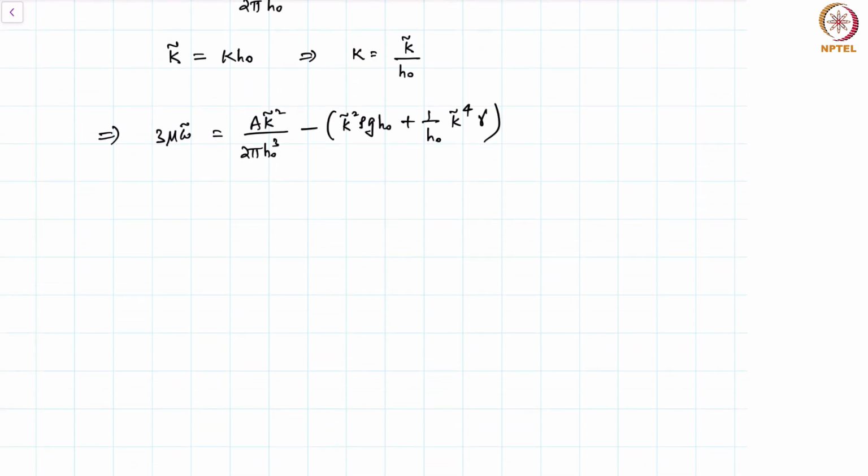And the dimensional growth rate essentially becomes 3 mu omega tilde becomes A by 2 pi k tilde square by h0 cube minus k tilde square by h0 times rho g h0 square plus gamma.